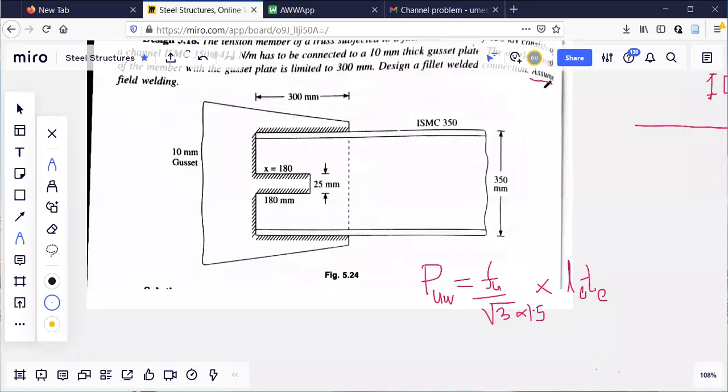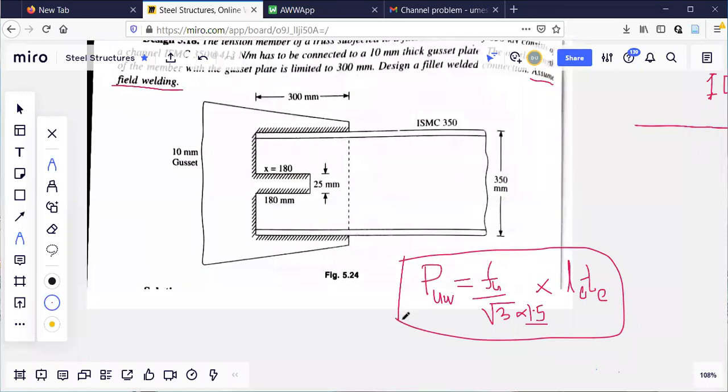Read this last sentence: assume field welding. Since field welding is given, welding will be carried out at the site. I have to use 1.5 and not 1.25. So if you use this formula, what are you going to get from it?